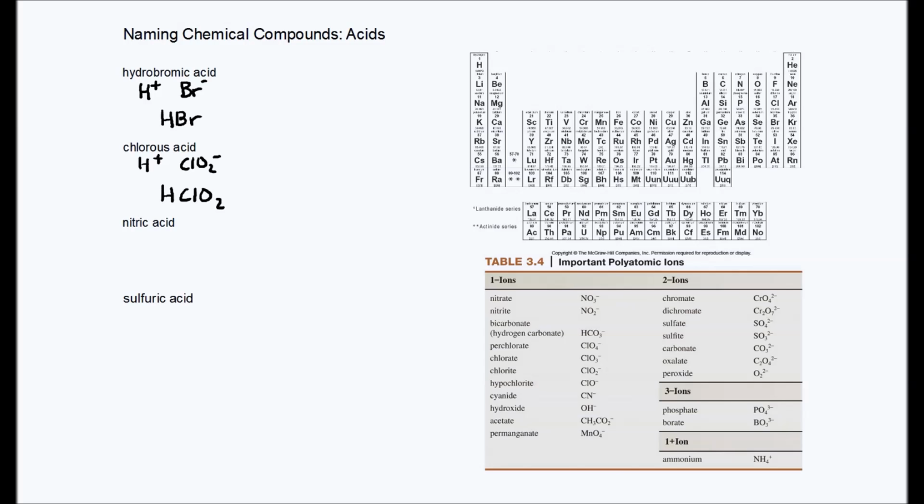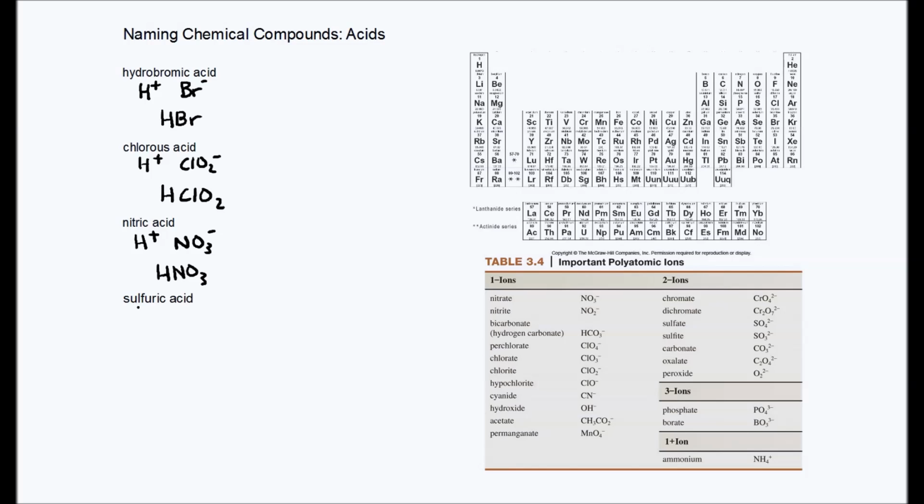Nitric acid. No hydro, which means that this is not binary. It's polyatomic. I know I have the H+ because of the word acid. Nitric came from nitrate. Nitrate is NO3 minus. Putting this together, HNO3. Sulfuric acid. Again, no hydro.